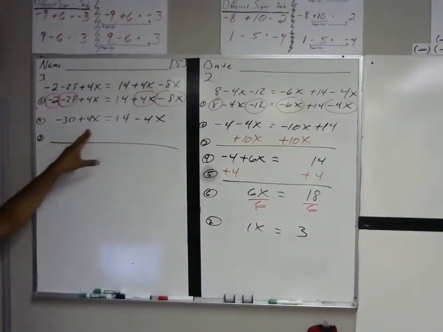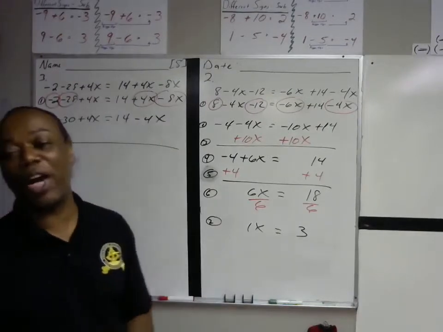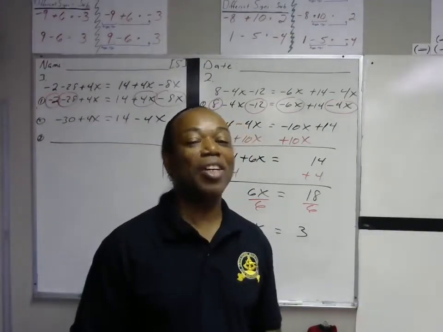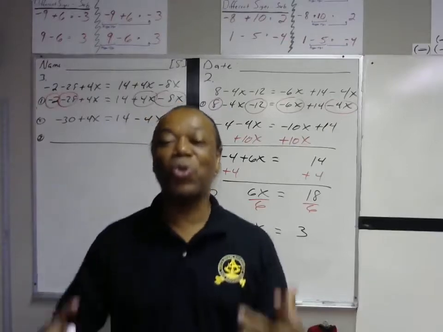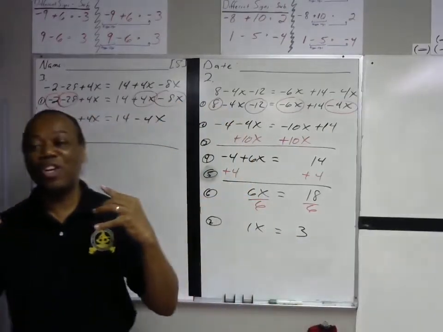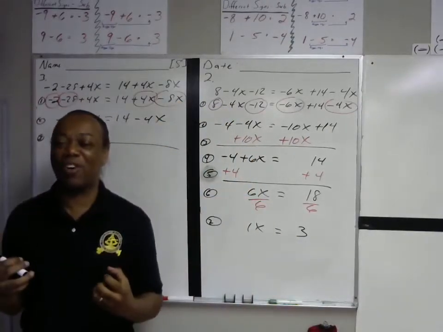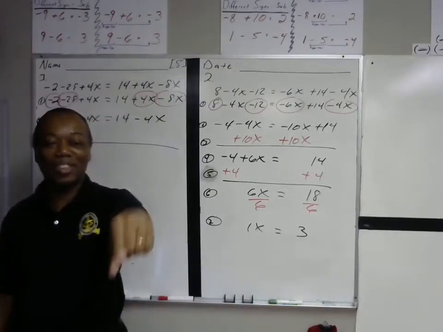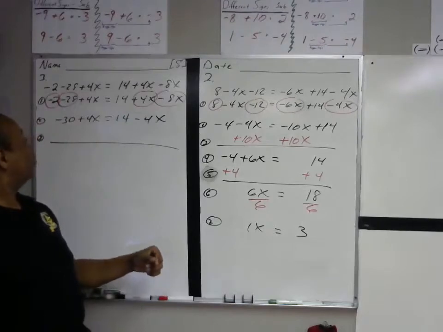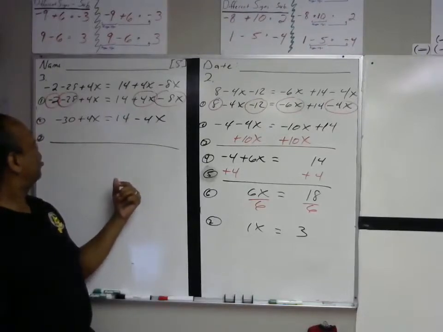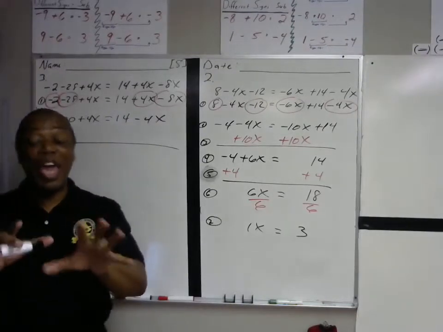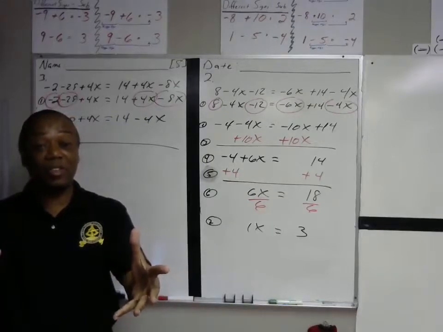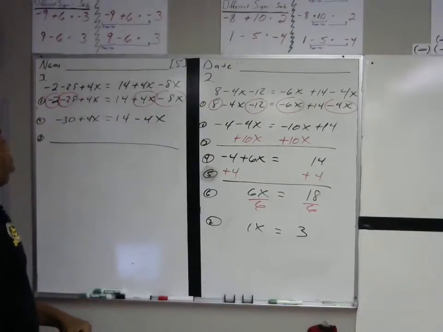I got +4x's to the left of me and -4x's to the right of me. Who is the most negative here that we have to brighten up their day? -30. Oh, I mean the x's. -4.